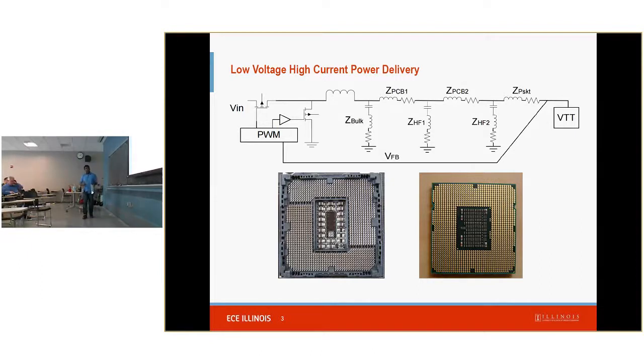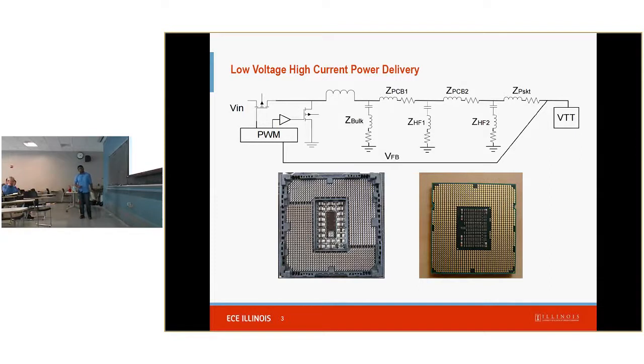This PCB impedance ZPCB1 is usually quite low, and after that we have some traces which connect it to the processor region, and we have some more decoupling ceramic capacitors right there, and here's where the processor is going to sit. These are called cavity capacitors. So we have our second filtering stage over here, and then our power is transferred from the PCB to the processor itself, and these are the sockets through which the power gets transferred.